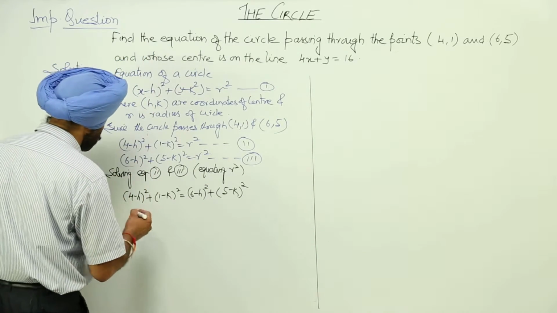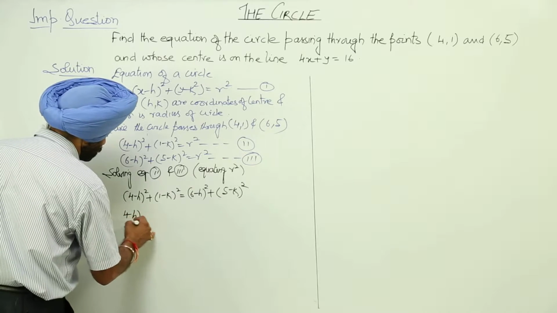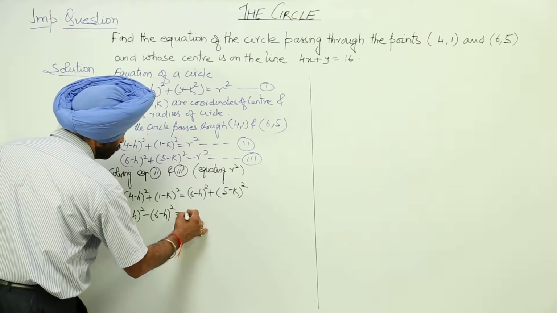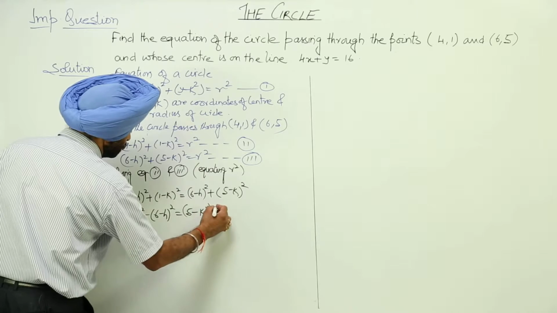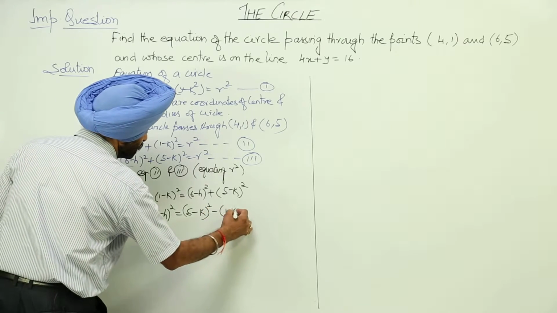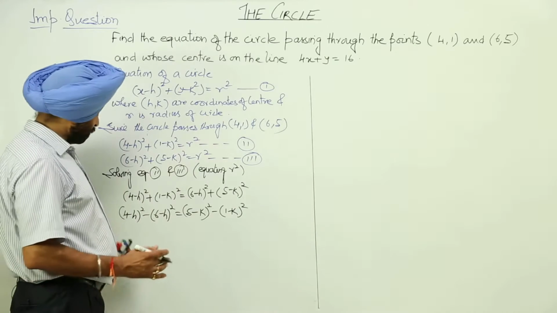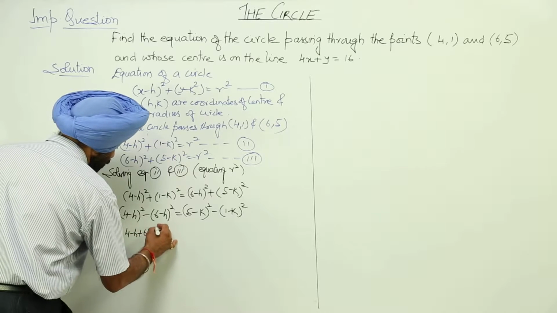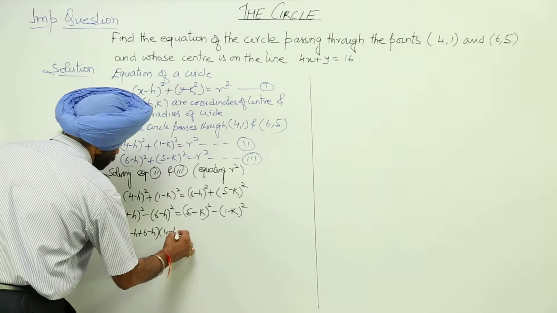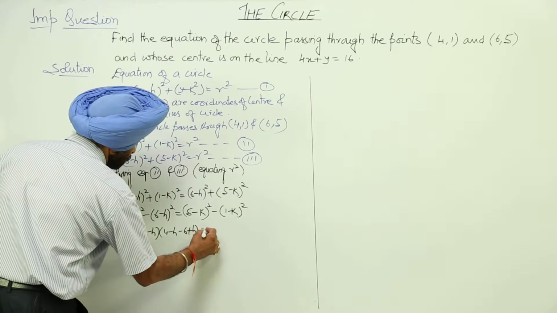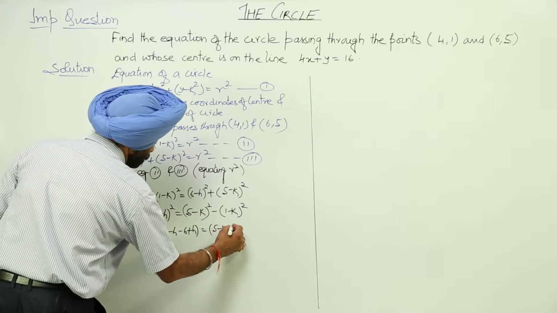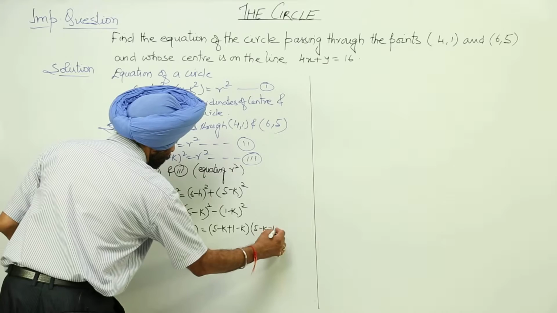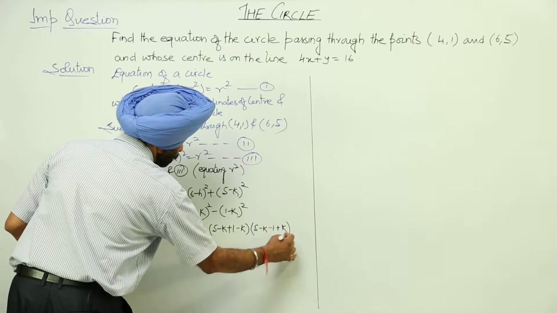Now, I am going with (4 − h)² − (6 − h)² = (5 − k)² − (1 − k)². So, we can apply a² − b². Now, (4 − h + 6 − h)(4 − h − 6 + h) = (5 − k + 1 − k)(5 − k − 1 + k).